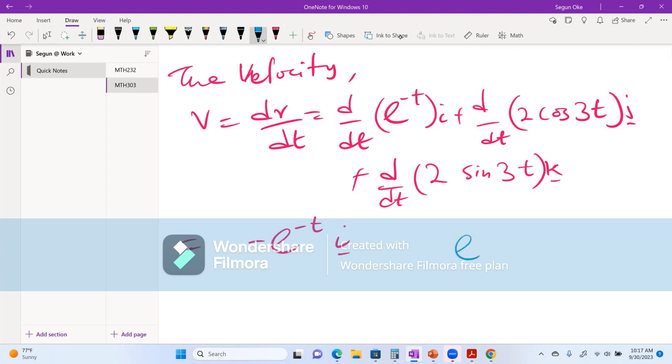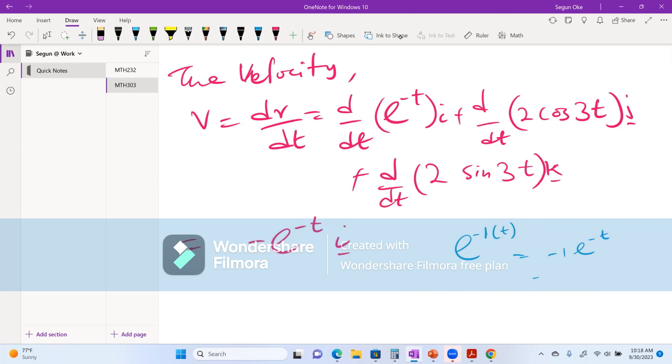When you have e to the minus t, it's like you have minus 1 multiplied by t in the power. When differentiating, you differentiate what is up, so you have minus 1 times e to the minus t. So if I have e to the minus 2t, I will have minus 2 e to the minus 2t. Take note of that. If it's not minus, it will still be positive.